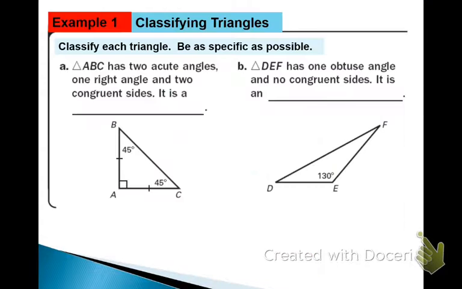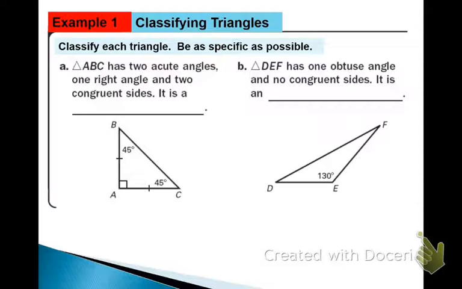All right, so let's do the examples at the bottom of the page. Letter A. Triangle ABC has 2 acute angles, 1 right angle, and 2 congruent sides. It is a blank. So we're classifying by its sides and its angles.